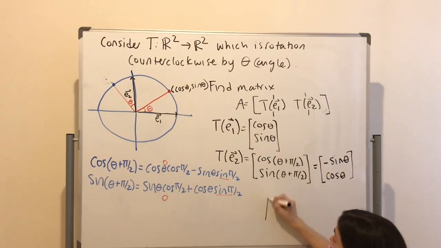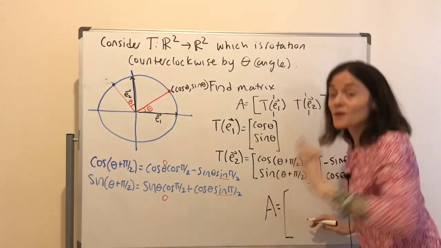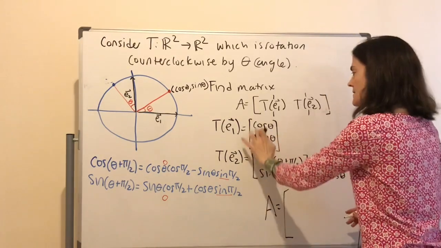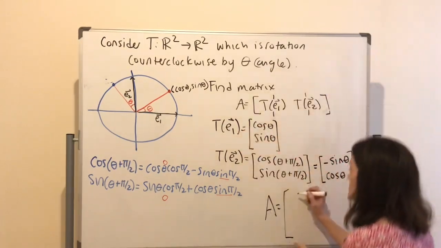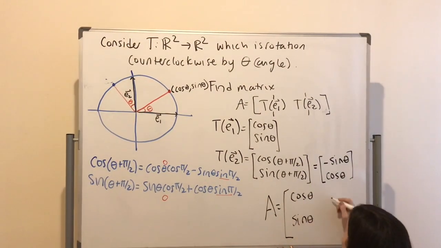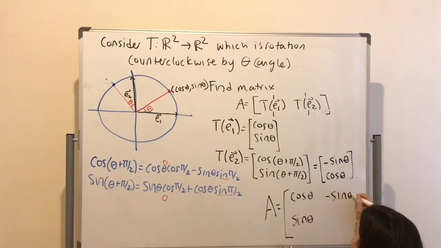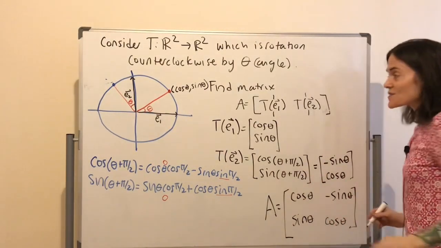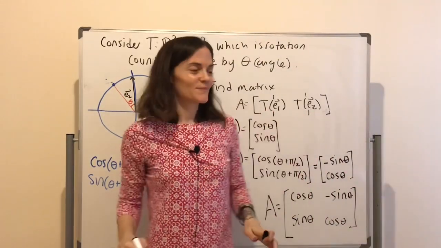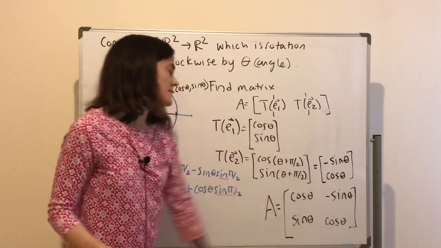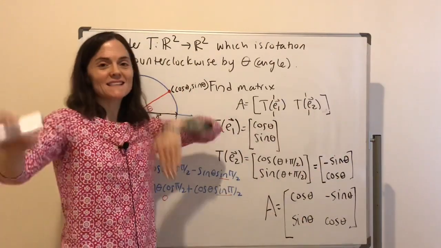Now I have my matrix that does rotation counterclockwise by an angle of theta. It is cosine theta, sine theta, minus sine theta, and cosine theta. And this matrix, when you multiply by a vector x, y, it will rotate.